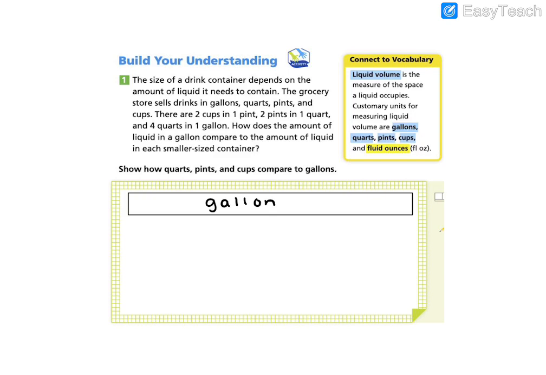Now I need to look back and see what my next is. 1 gallon is equal to 4 quarts. So I want to draw the same size rectangle for quarts, but I know within this rectangle there are 4 quarts for my 1 gallon. And we can label that as quart.